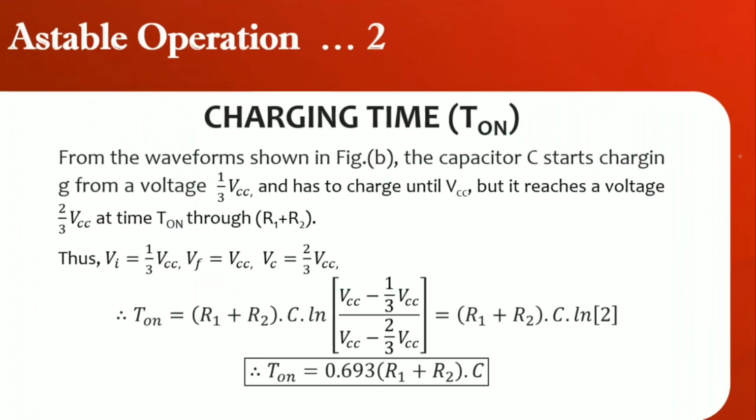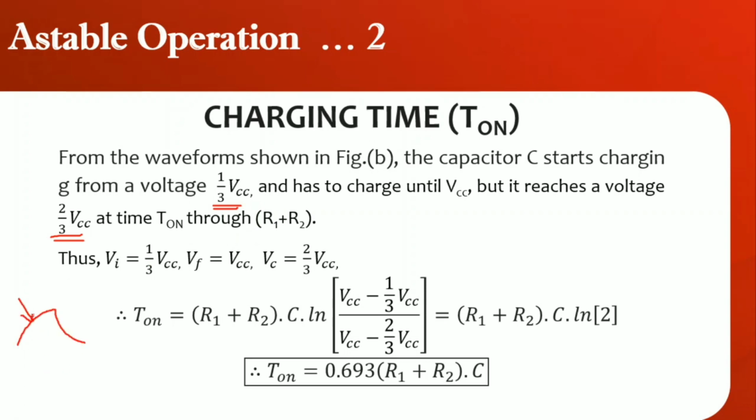Now, coming to the derivations of charging time and discharging time, from the waveform shown in the figure above, the capacitor C starts charging from a voltage of 1 by 3 times of VCC, and charges toward VCC. But once it reaches 2 by 3 times of VCC, it will start discharging. This is the charging time and this is the discharging time.